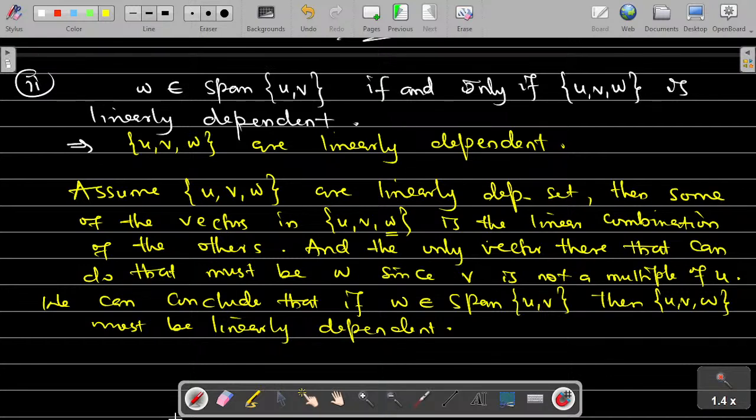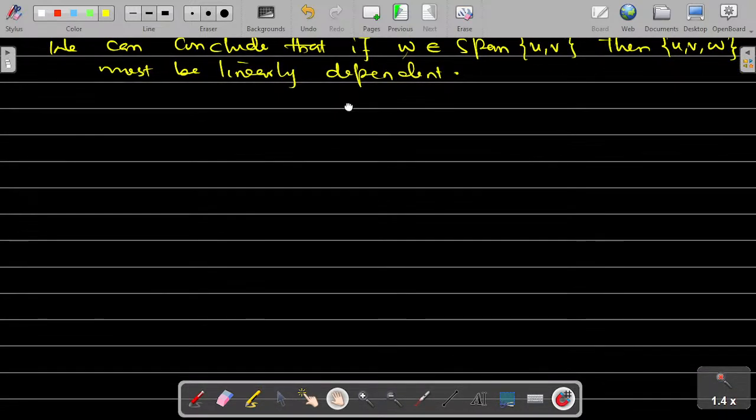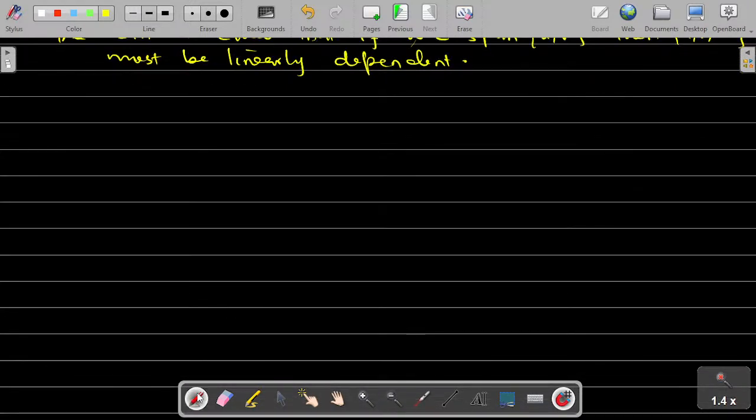Okay, and then we immediately go to question E, which is the last for number 3. What is that? E says, what will be the value of k? Let me write it.